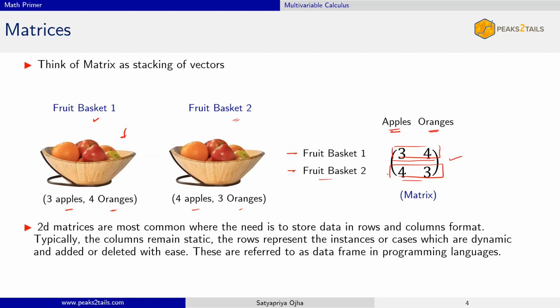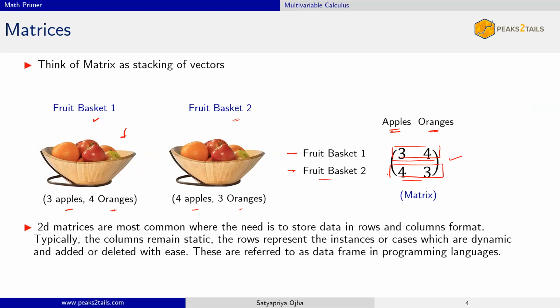Now, I could use columns, fruit basket as columns, and the apples and oranges can become rows, but that is not ideal. That is not how we encode the information in the world. If you're familiar with databases or data frames, we'll be working with a lot of data frame objects very soon using pandas in Python.